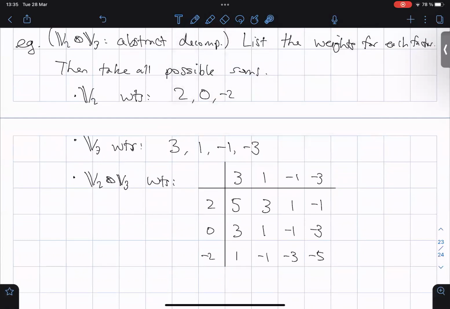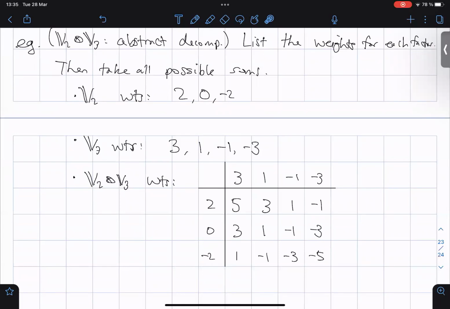We have this theorem, which we didn't prove, complete reducibility for SL2. So V2 tensor V3 is a direct sum of irreducibles. We know what all irreducibles look like abstractly. They're these VMs. So you look at this list of eigenvalues and ask what sort of VMs can appear there.